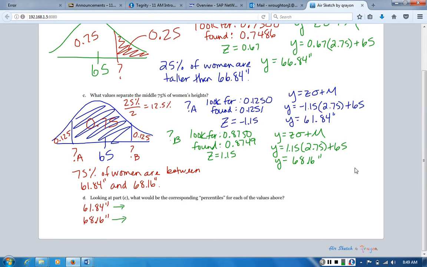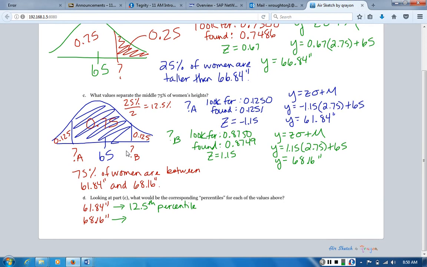So what percent of women are shorter than 61.84 inches? Well, that's actually that 0.125. So this is actually the 12.5th percentile, because that's how much is below it or to the left of it.